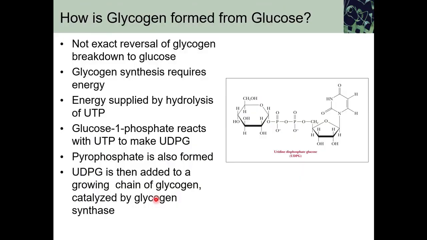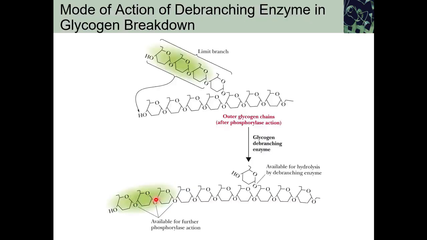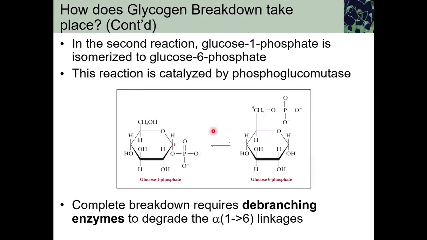So what we just discussed is the degradation of glycogen into its component glucose 1-phosphate as well as glucose molecule. That again requires the participation of three enzymes. The first enzyme, if you'll remember, is glycogen phosphorylase. The second is phosphoglucomutase.